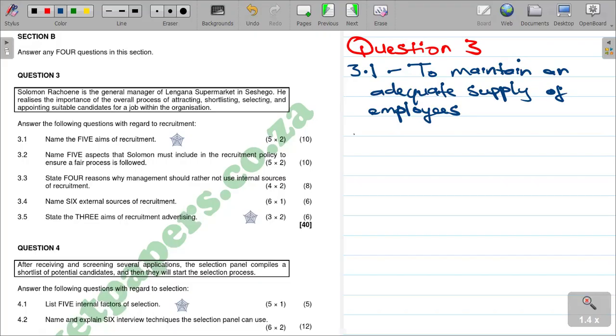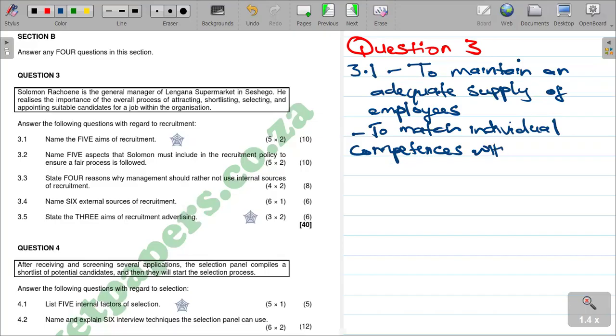Right. Another aim of recruitment is to match individual competence with organizational requirements.